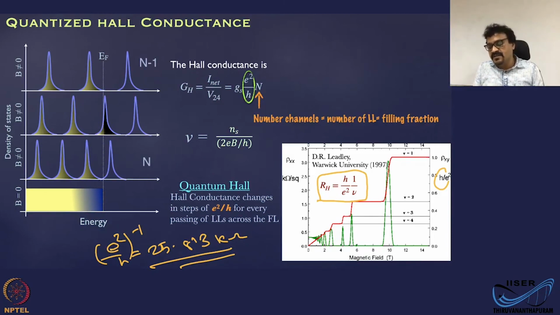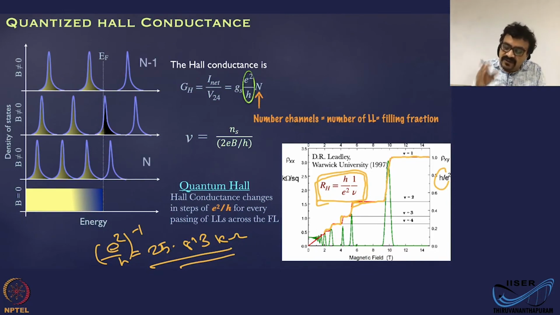That means the resistance will reduce by this number, h by e square into 1 by nu, where nu is an integer, and the conductance will increase by the quantum conductance. That is what is going to give you this step-like feature, the quantized Hall plateaus, from this jump or this vanishing of Landau levels across the Fermi level.